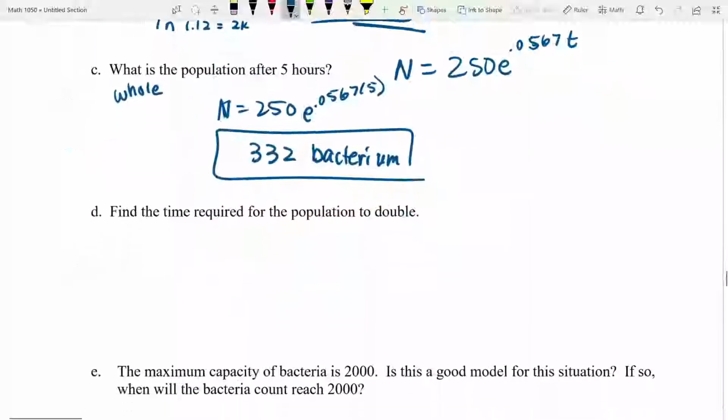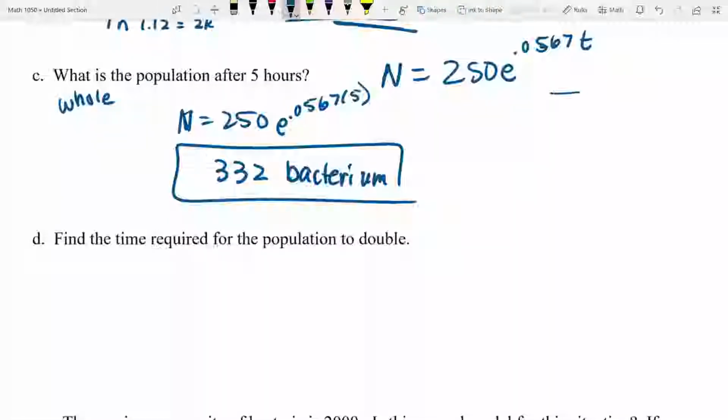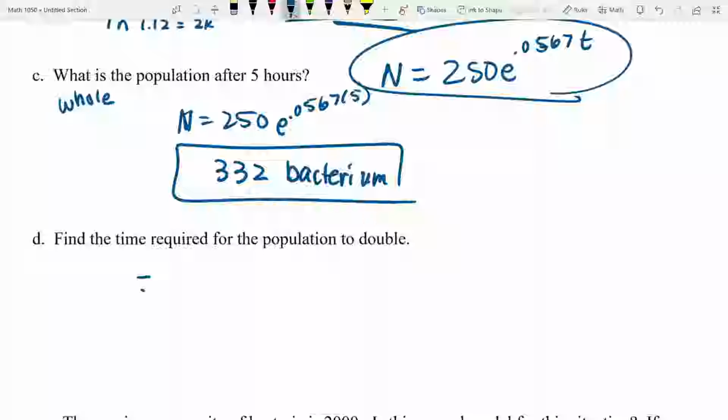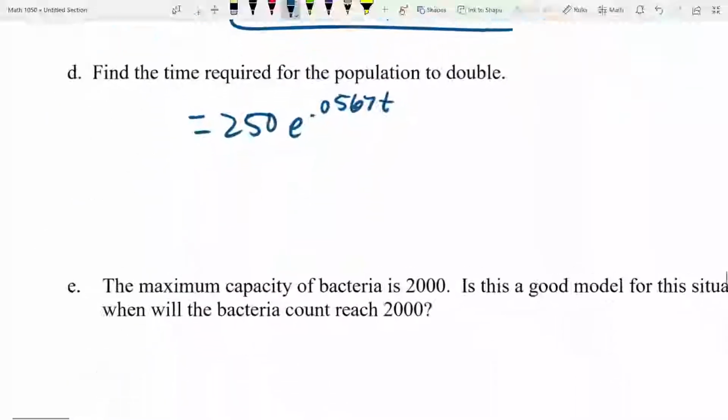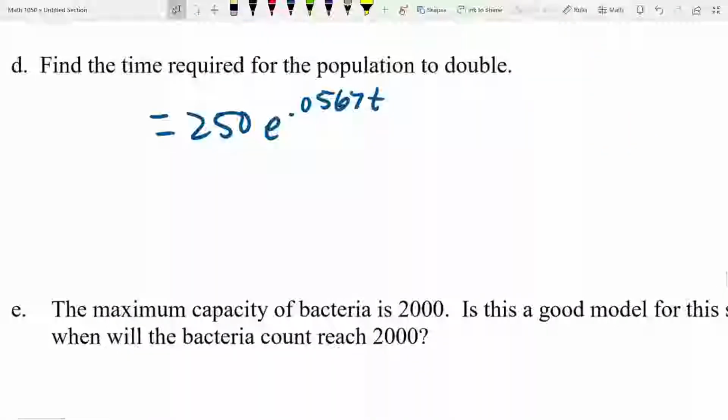Find the time for the population to double. Guys, just keep using that model. So everybody put equals 250 e to the 0.0567 t for the population to double. Tell me what I put on the other side. I started with 250, so now I'm 500.